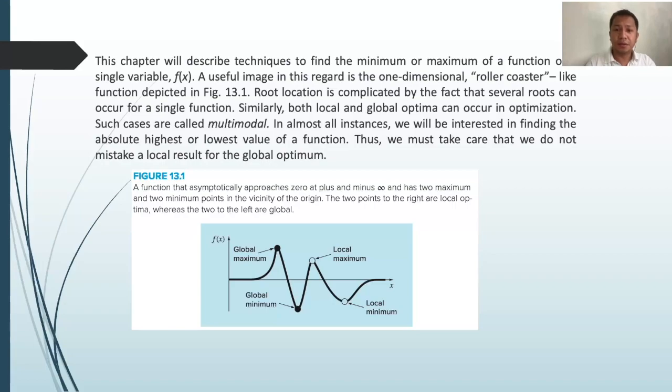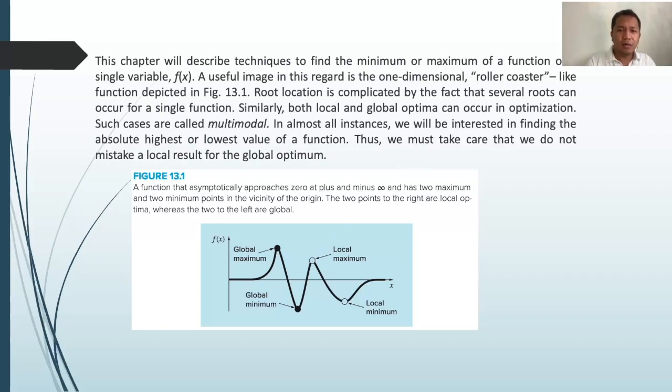A useful image in this regard is the one-dimensional roller coaster-like function that can be seen at the bottom here. The root location is complicated by the fact that several roots can occur for a single function.